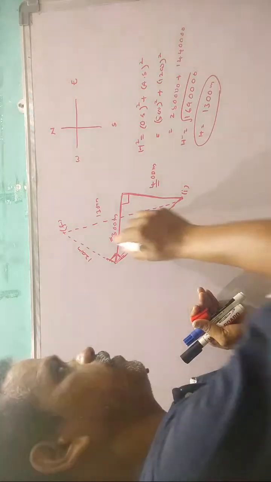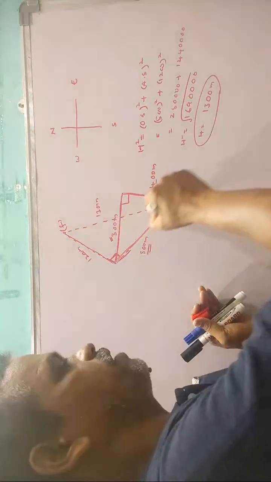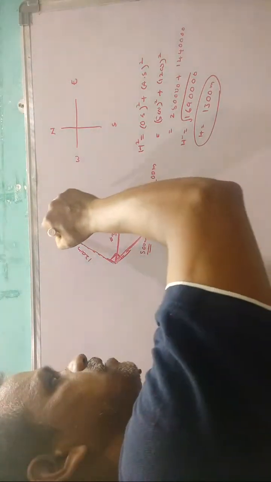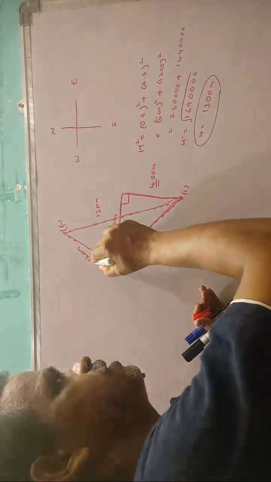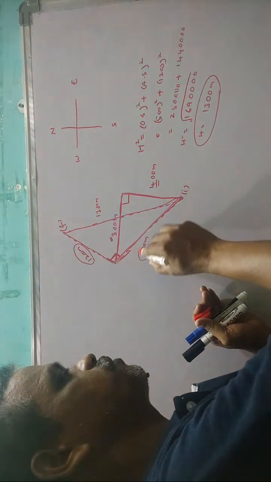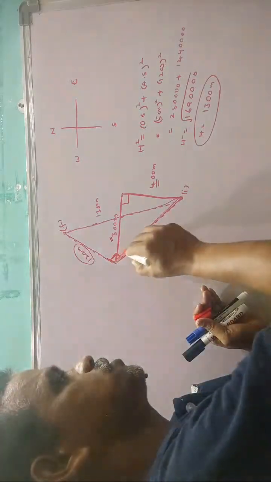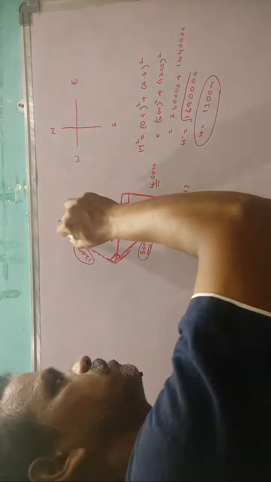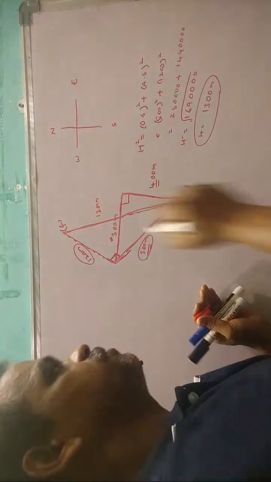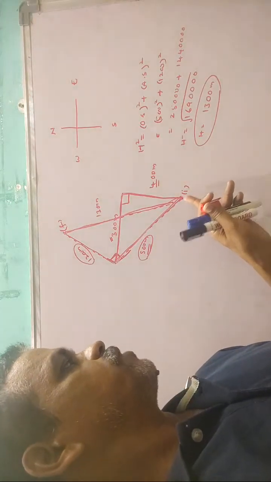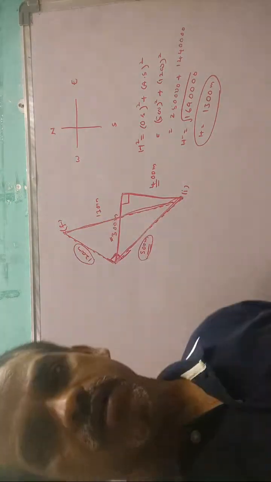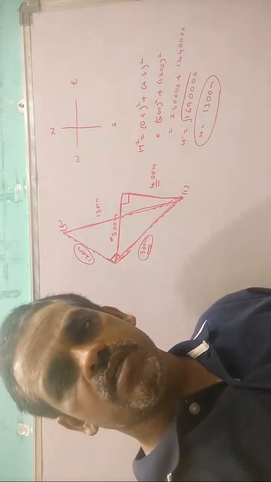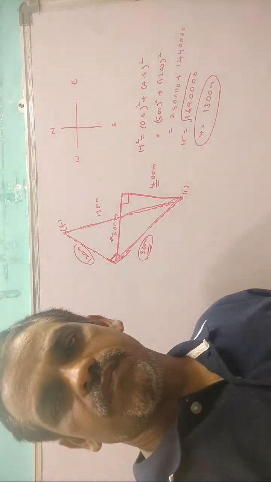Then this is one more triangle, we have two triangles here. In two triangles we have one side is 1200 meter, one more side is 500 meter. So these two are perpendicular to each other, then the hypotenuse will be 1300 meter. So the displacement from initial position is 1300 meter. So this is how we calculate displacement.